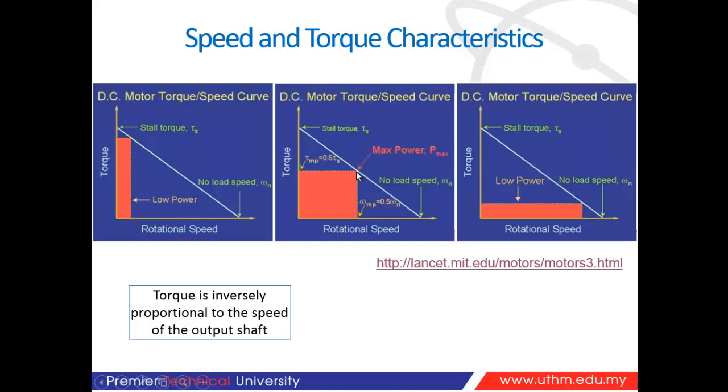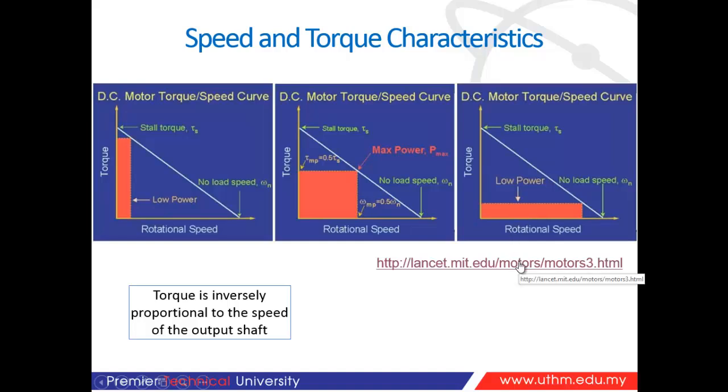At this point, at the middle, 0.5 of the torque and also 0.5 of the speed, I mean the half of the graph, the max power happens. You can draw the area. The smaller the area, the lower the power.